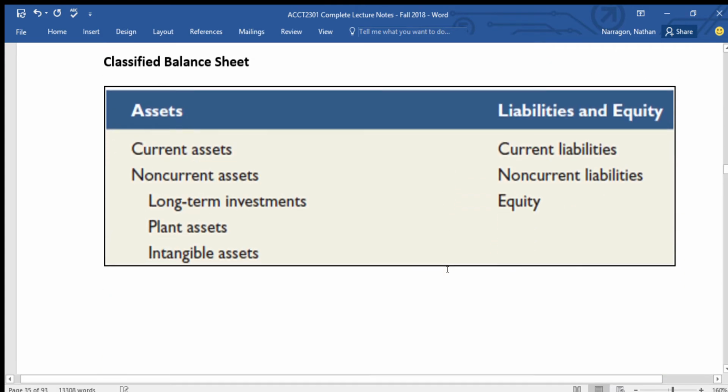Now the next part that you've got here is something that we're going to be going into as we progress throughout the later chapters. This is known as a classified balance sheet. Quickly over this, current assets and current liabilities are classified as anything that will be under a year. With assets, it's something we're either going to get rid of or use within the year, and with current liabilities, it's anything that we're going to pay off within a year.